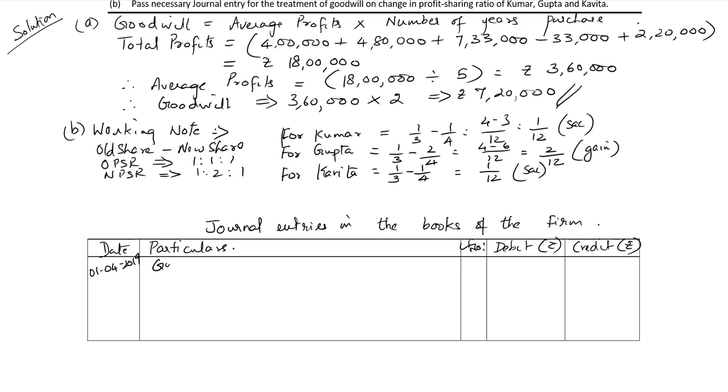Gupta gains. Gupta capital account, debit, 2. Kumar capital account, to Kavita capital account.